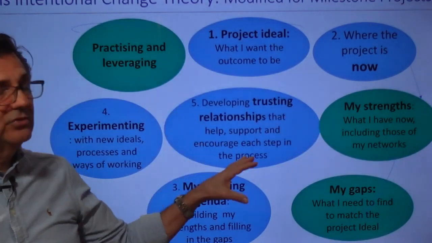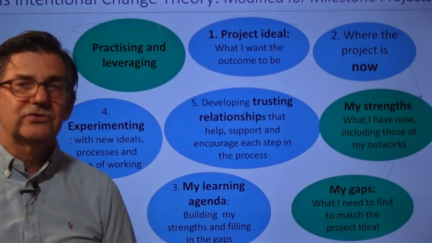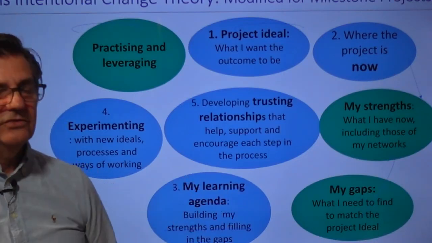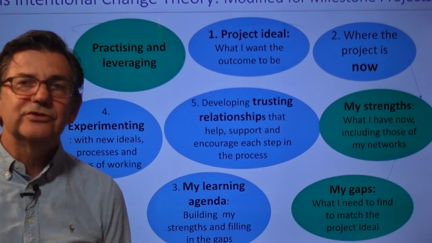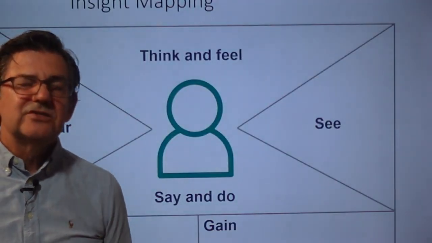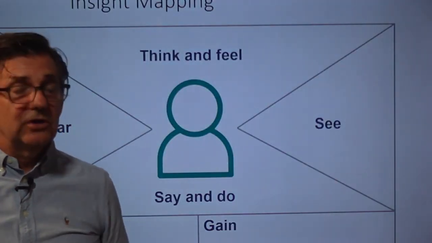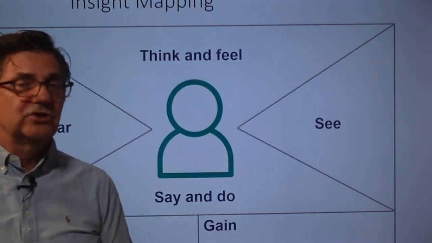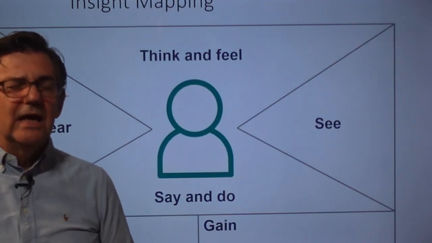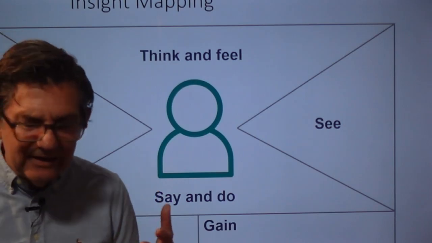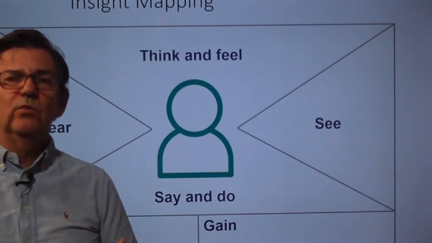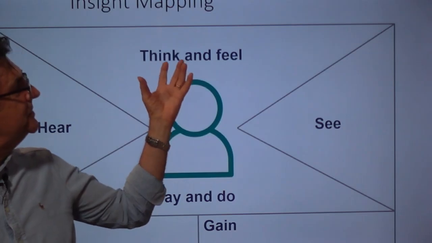And the glue that holds all of this together is trust, both trust in self and trust in those relationships around you. It's so crucial. Any project involves people in some shape or form. And it's so powerful to actually understand where they're at. I love this process.